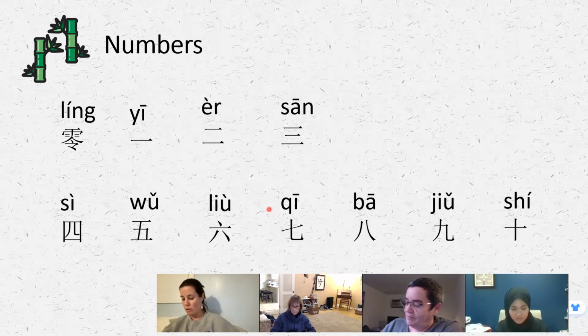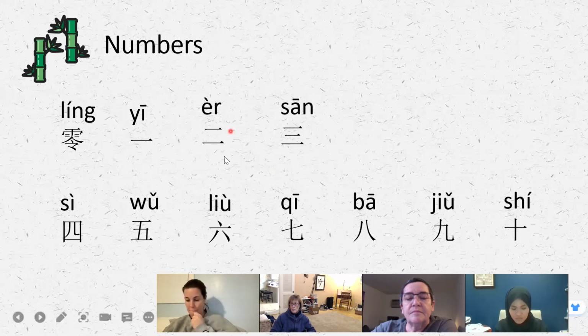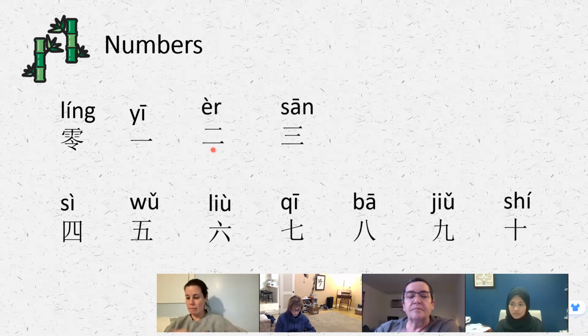One dog, how to say it in Chinese? 一只狗. But if we want to say two dogs, how to say? Yes, we use 两 instead of this 二. We say 两只狗, right? 两只狗.